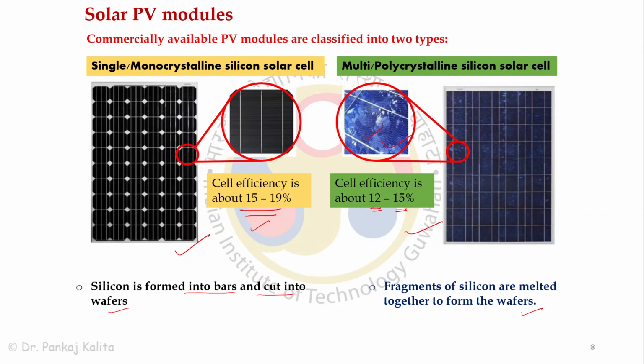In monocrystalline the silicon is in the form of bars and cut into wafers. You can see from here they are in the form of bars, and here you can see a melting together and fusing together to form the wafers.